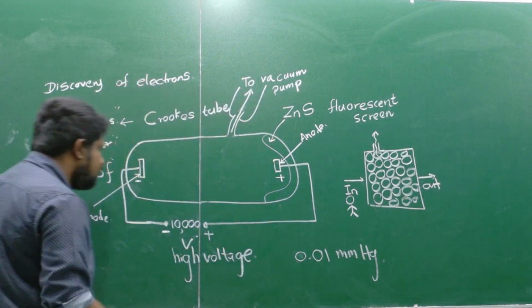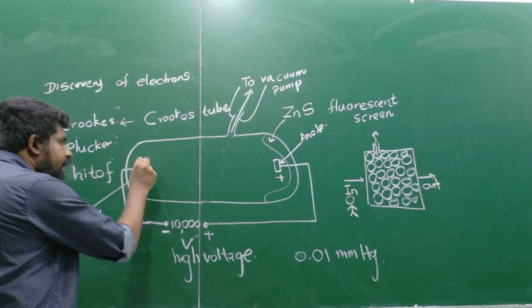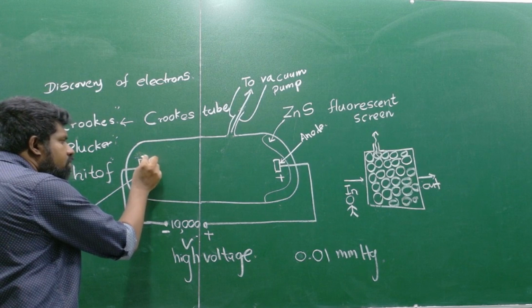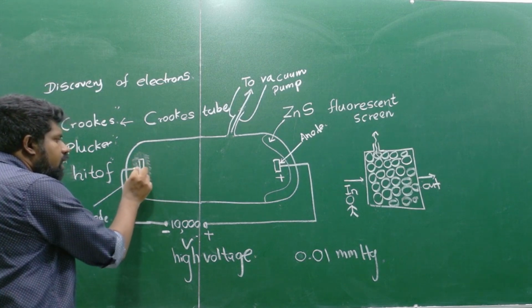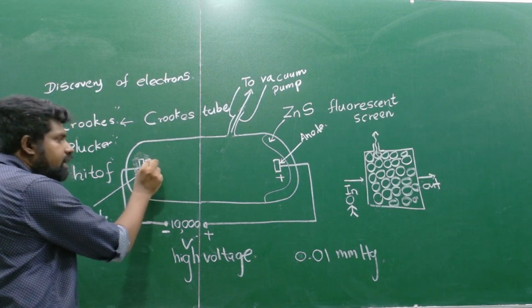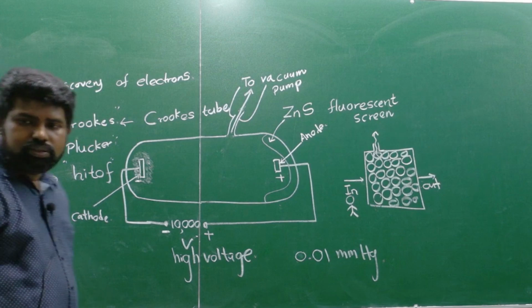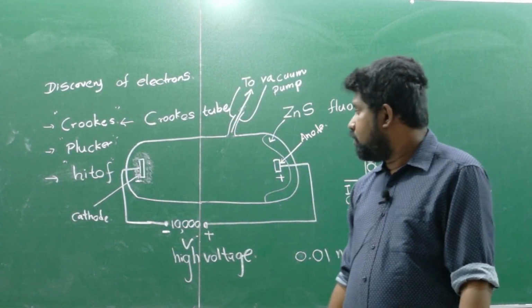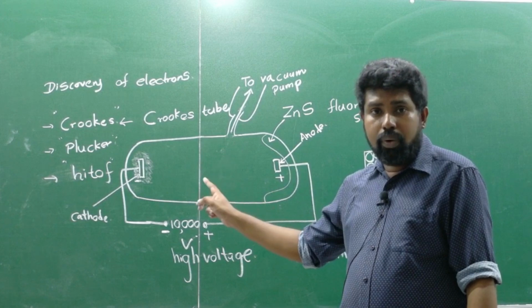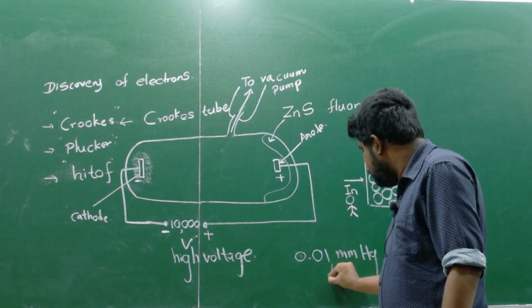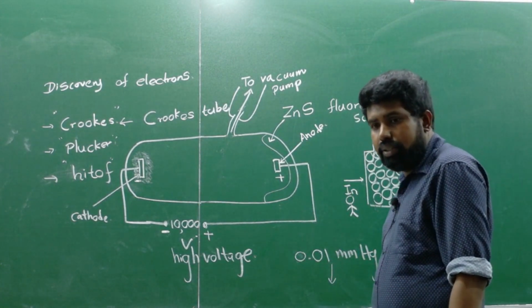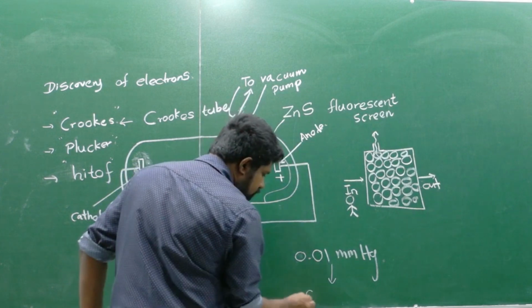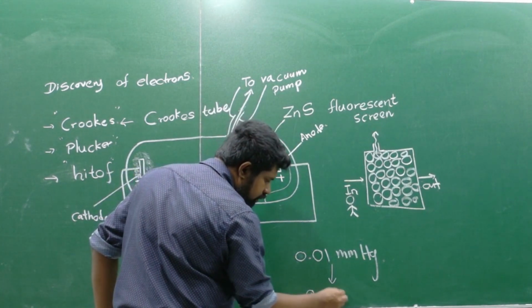What is that? The area closer to the cathode becomes darker. So they reduced the pressure further to 0.001.